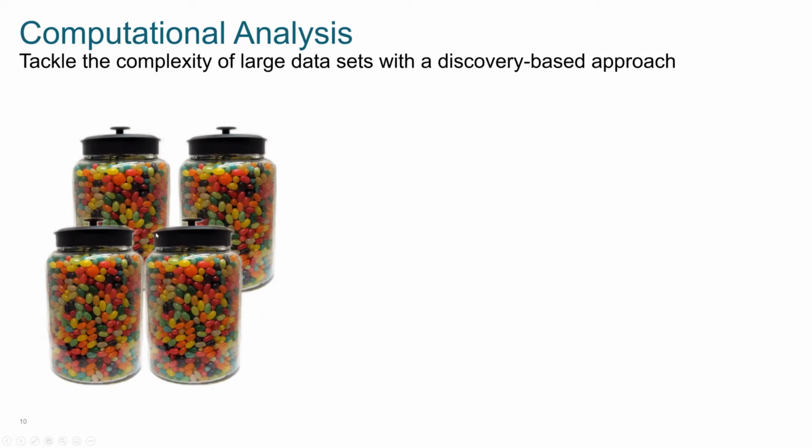Okay. So just as a way to illustrate the value of computational analysis and really strip it down to bare bones, what is it and what does it do for you? Let's walk through this experiment. Let's say I gave somebody 4 jars of jelly beans, right? And each jar has about, let's say, 500 jelly beans in it.